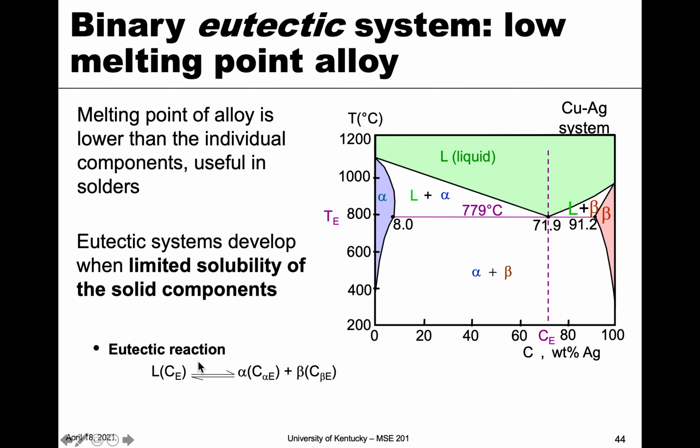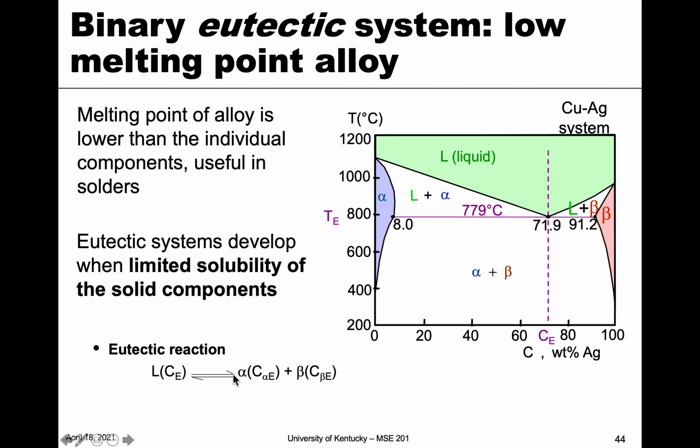And so we can write a reaction. The liquid at the composition of the eutectic goes to alpha at the eutectic composition and beta at the eutectic composition. So we're dividing the liquid into two solids, and so the compositions are obviously going to be different. And again, we can use our tie line to do that, and we'll see that C alpha E is equal to this point over here, and C beta E is over here, 91.2.